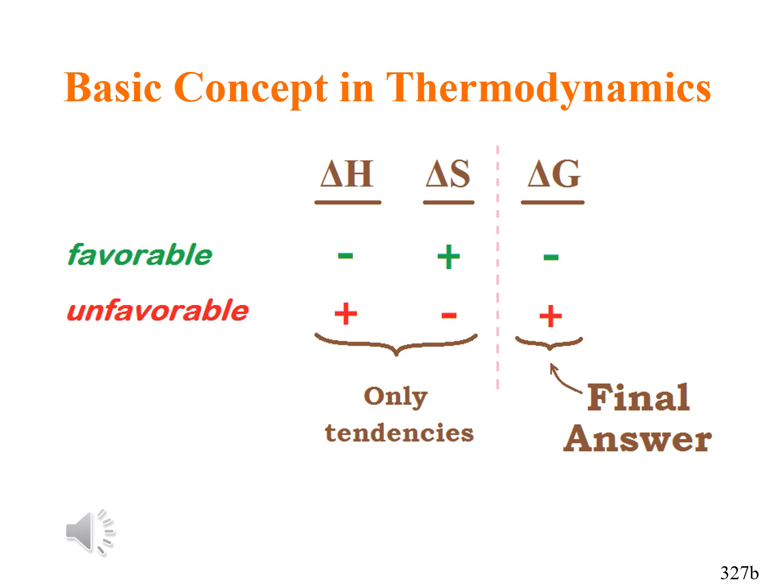For H and S, the favorable signs are negative and positive, but those are only tendencies, because you can't tell whether the reaction is spontaneous from either one. They tend to make it spontaneous, but you have to consider both of them together in order to know for sure. But delta G is the final answer.